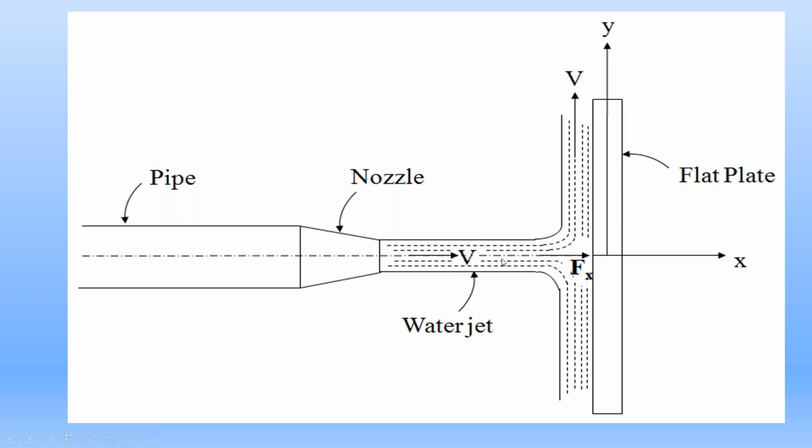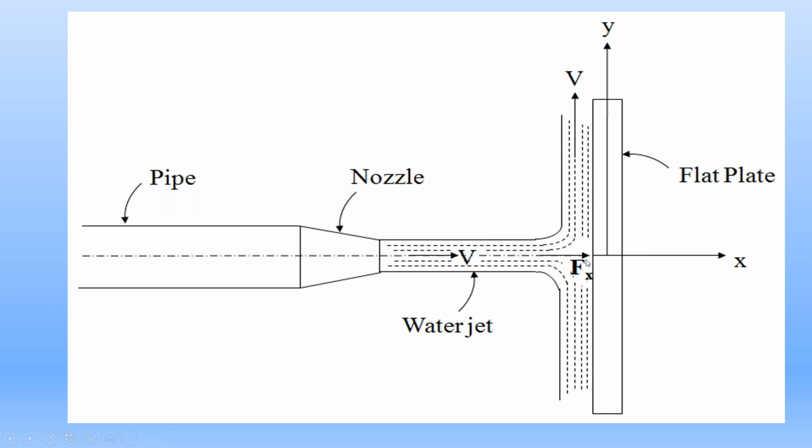After this impact, the water jet is moving upward on the surface of the metal plate.